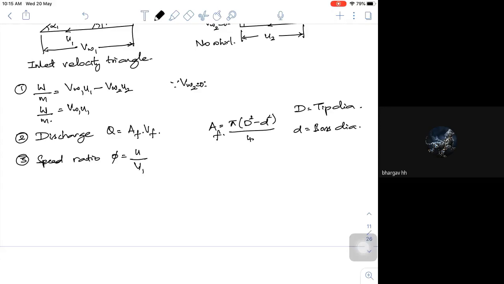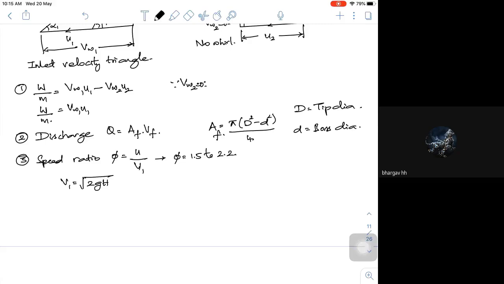Now, when you are designing, your phi value ranges from around 1.5 to 2.2. This is a design value. And I can calculate the V1 using this particular formula, based on your net head.